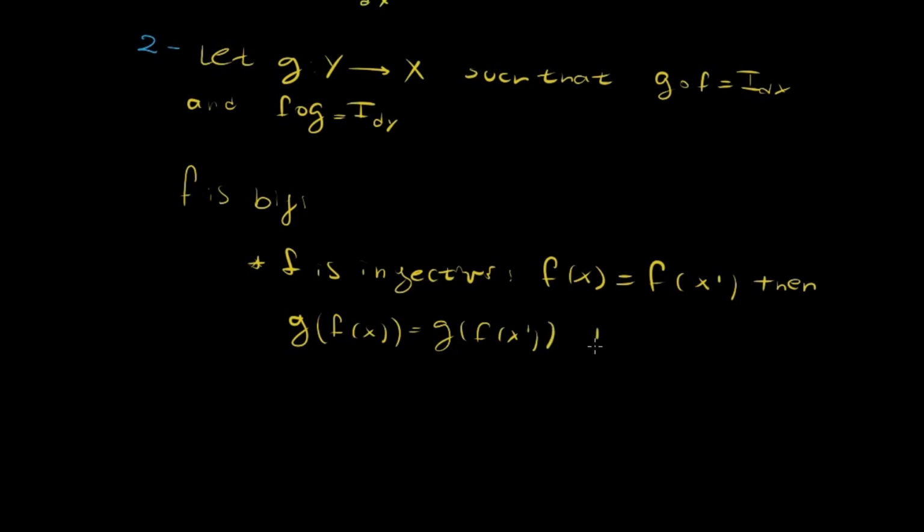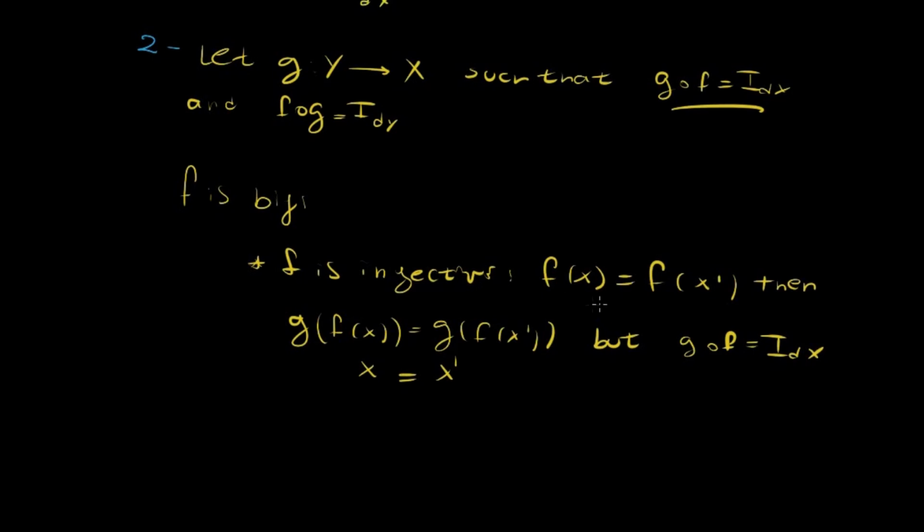But g composed with f is the identity in X. This hypothesis right there. Then this tells us that this is x and this is x prime.